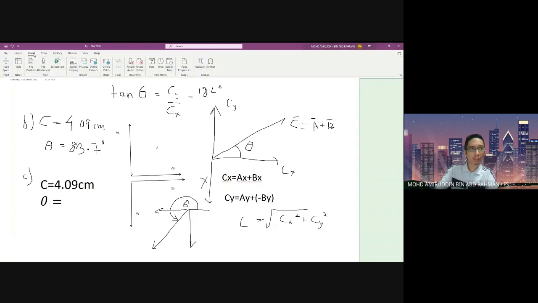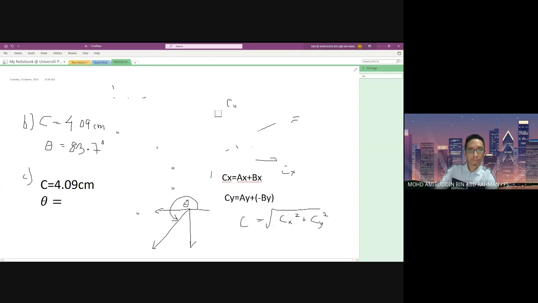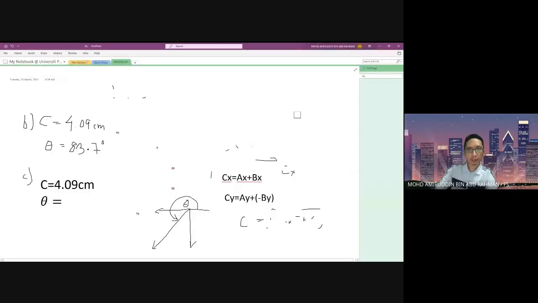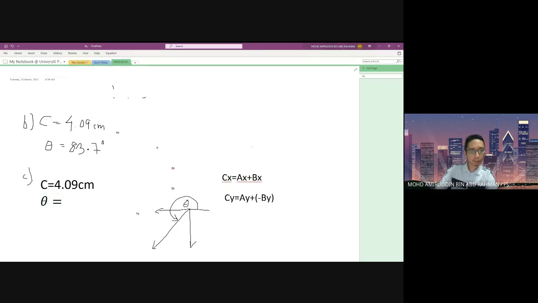So that's your theta, and it will be 264 degrees. That's the answer for B and C.